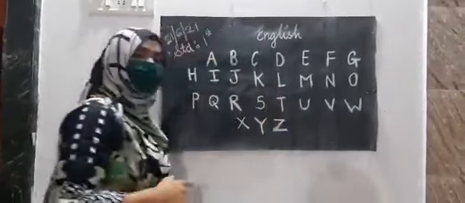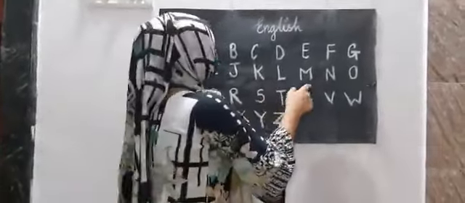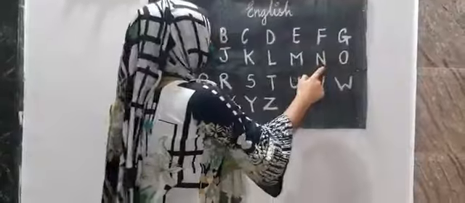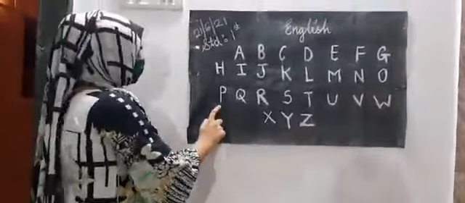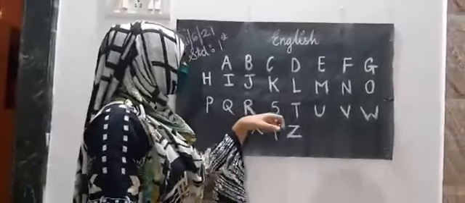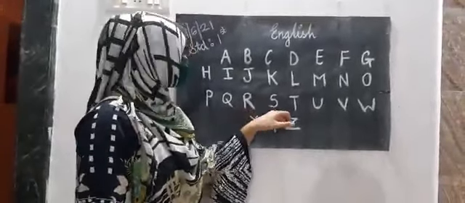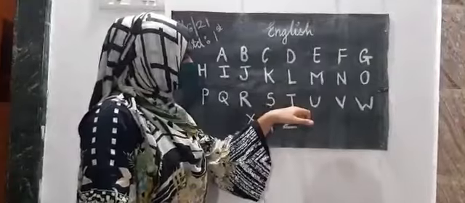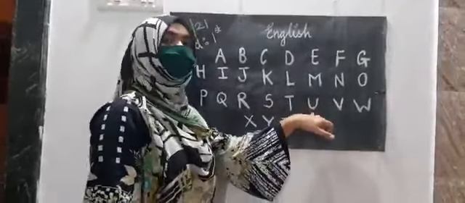L. After L, M. After M, which letter? N. N after O. O after P. P after which letter? Q. Q after R. R after S. S after T. T after which letter?